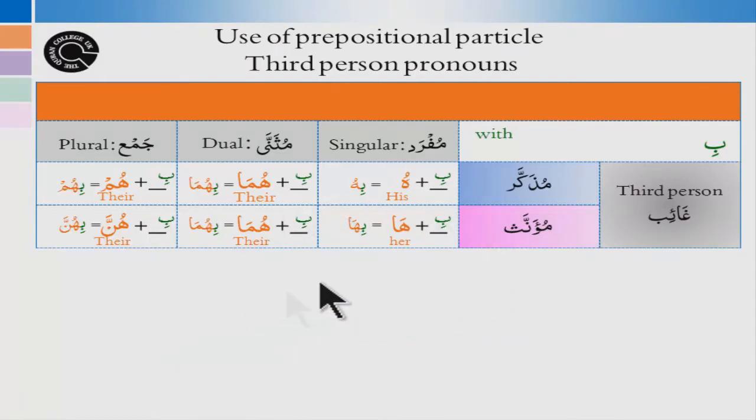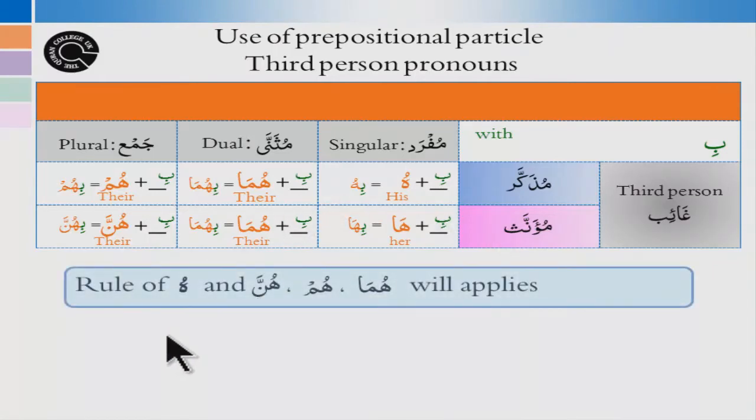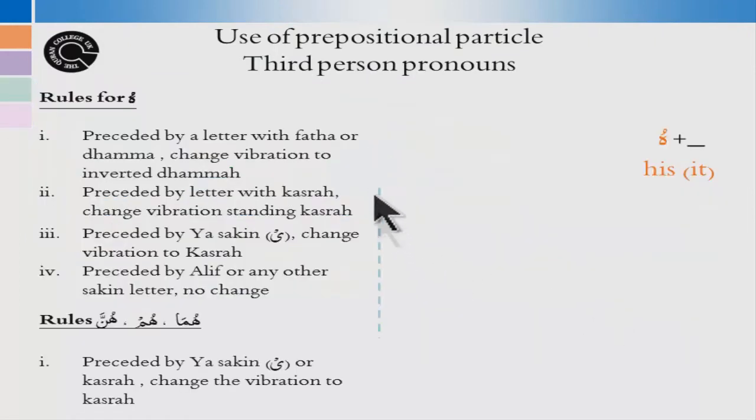So if hu is preceded by something, then it changes itself accordingly. So I'm going to write those rules again on the left side here, and then I'm going to apply that ba on the hu. So when ba is applied on the hu, it will become bihu, and since the hu is preceded by a kasra, and that's rule number 2, where it says that if preceded by a letter of kasra, change the vibration of the hu to a standing kasra, that would then change it to bihi.